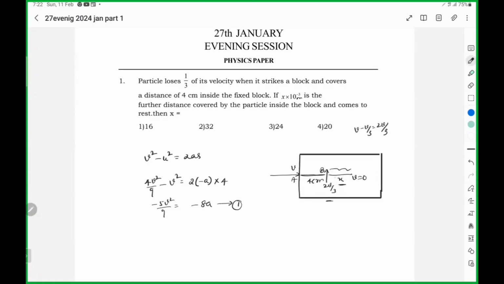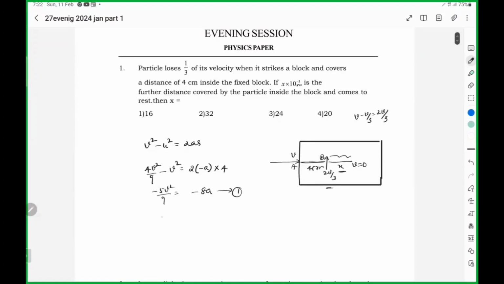Again, further it travels with this velocity, its velocity continues to decrease, and finally the velocity becomes 0. Again applying the same formula, but for this part the initial velocity is 2v by 3, whole square.